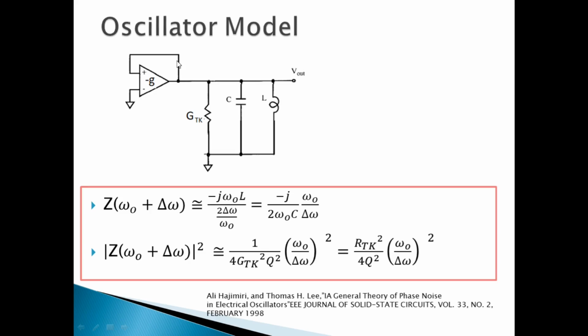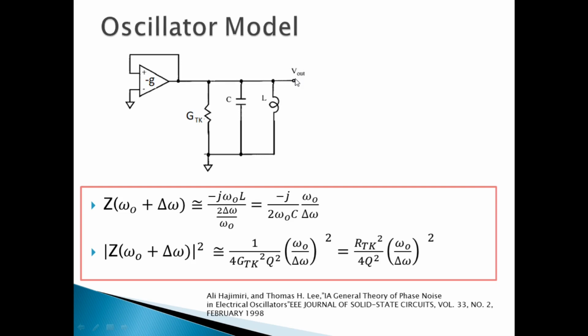So there is noise by the active part, which is filtered by the tank, and the noise generated by the tank itself. Now both these noises, the noise from the active part and the noise from the LC tank, have a superposition, and they superimpose themselves on the oscillating signal at the output port.